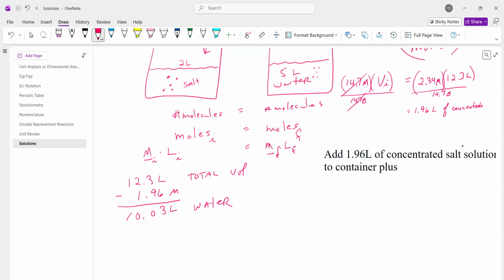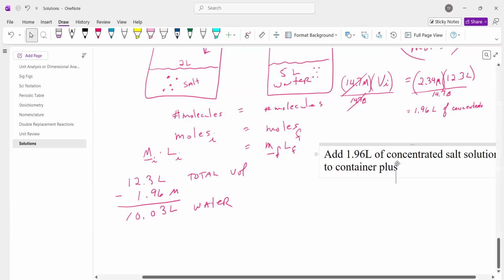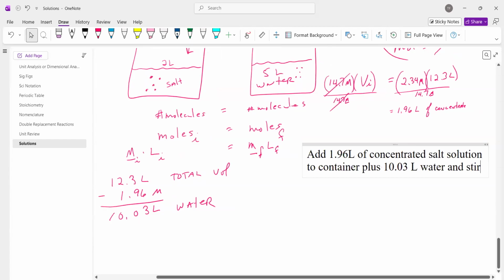So we're going to add 1.96 liters of concentrated salt solution to a container plus 10.3 liters of water and stir. Yeah, I got 10.34.